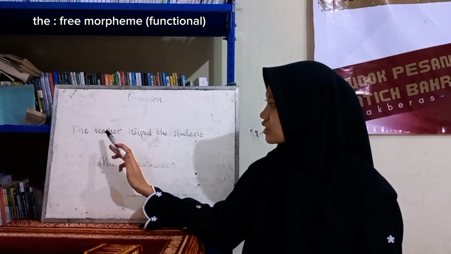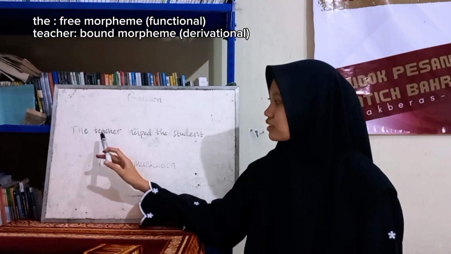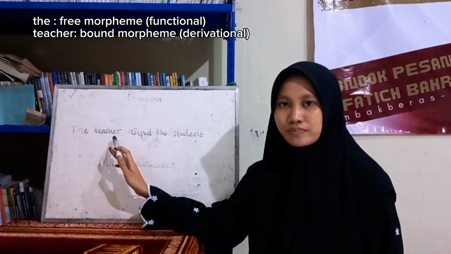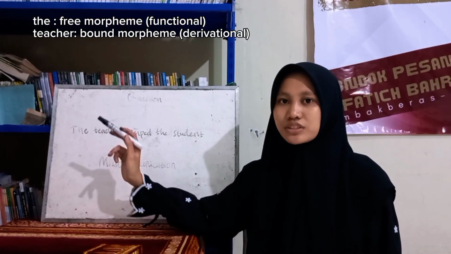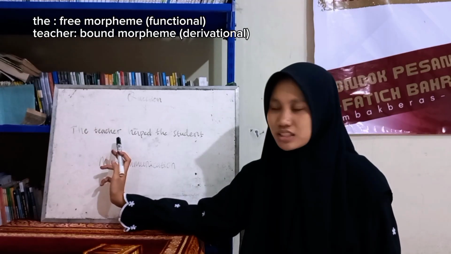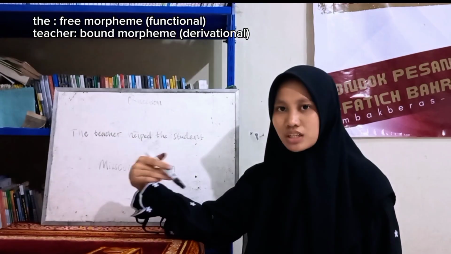So teacher, the word teacher is teach become teacher, the type is bound morpheme, and the kind is derivational morpheme, because it changed the word class from teach, a verb, to teacher, a noun.